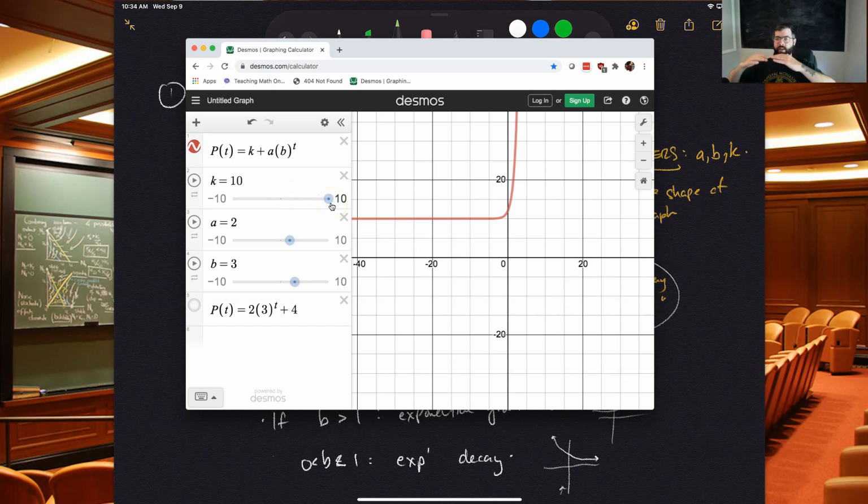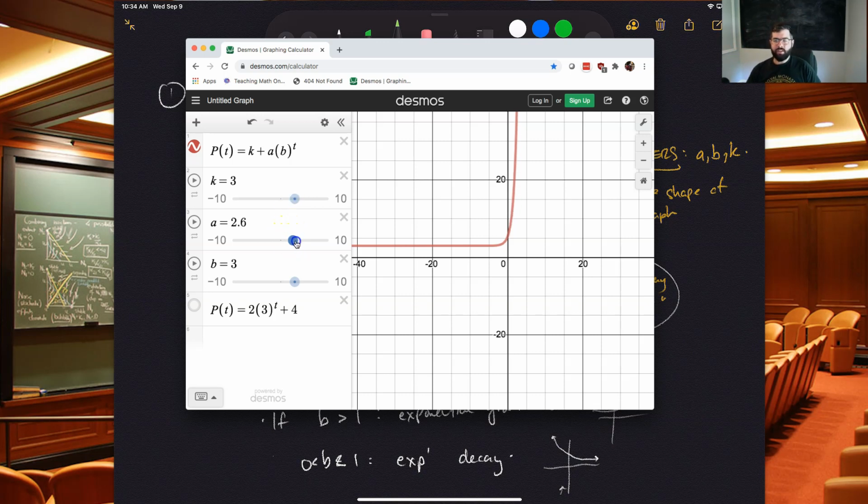And that's going to just take those output values and simply move them up by 10 if we're looking at the graph. So k is a very simple change. It will just move it up and down. And we've seen this with other functions as well. Take the parabola x squared, add 4, it just shifts it up 4, or minus 4, it moves it down 4. Same thing.